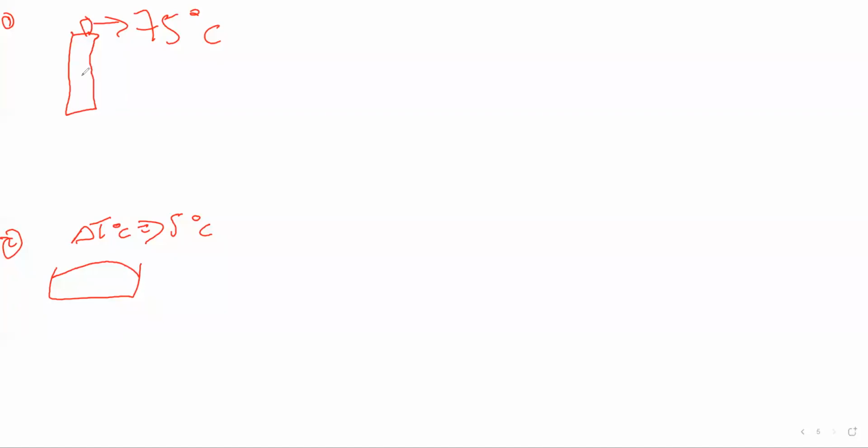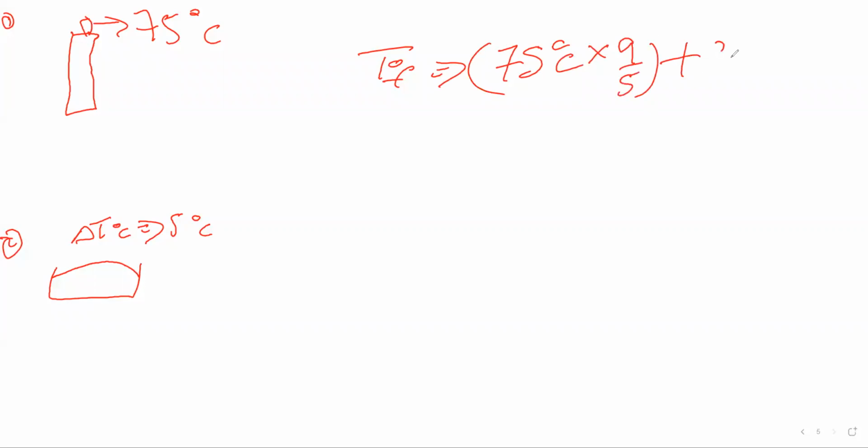So which formula would you use for number 1? How would you convert this here to degrees Fahrenheit? You're going to use the formula with the plus 32 inside. Good. The temperature in degrees Fahrenheit is equal to 75 degrees Celsius times 9/5 plus 32.